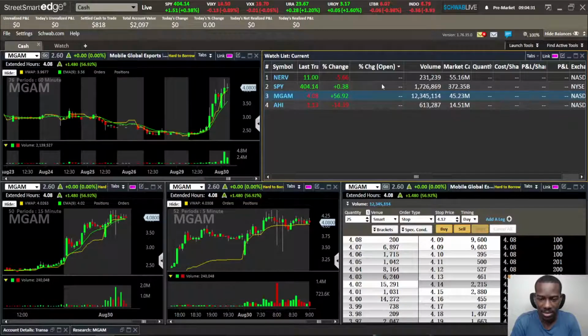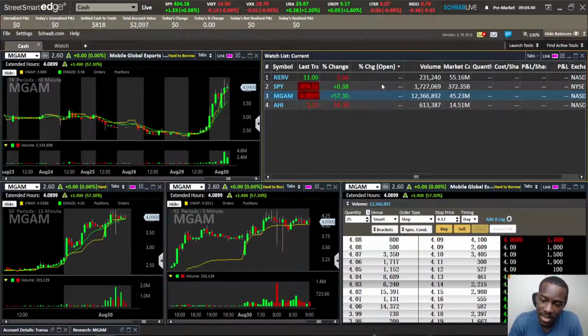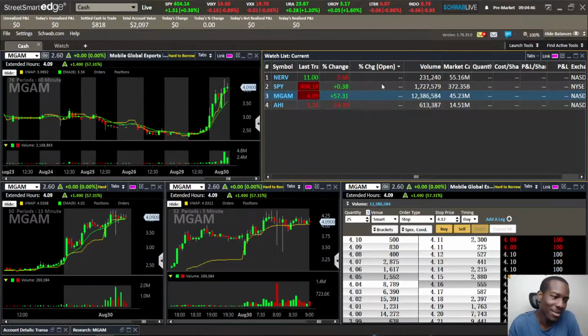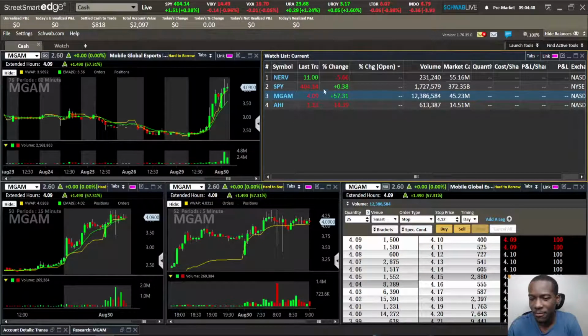There was no real volume, so it can't calculate. But 90% of the stocks that pop up it's going to calculate on. Actually 95%, probably 99%. Very, very few that it doesn't calculate on.